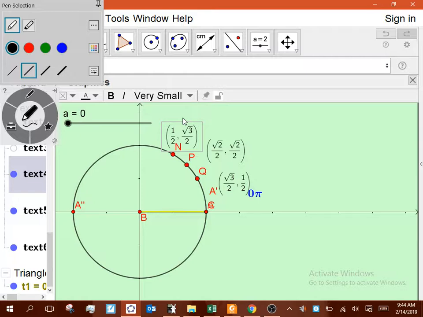I think through exposure, it's going to be drilled into you what those values are. But understand the relationship. The relationship is that those come from the special right triangles, correct? If we understand that relationship, if we do memorize them and our memory fails us at some time, hopefully our background of knowing where they come from can bring those values to the surface if we forget them.